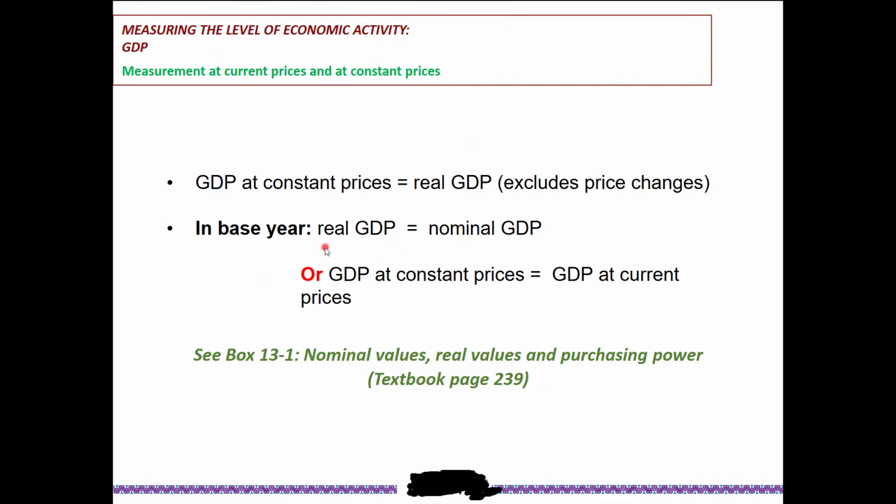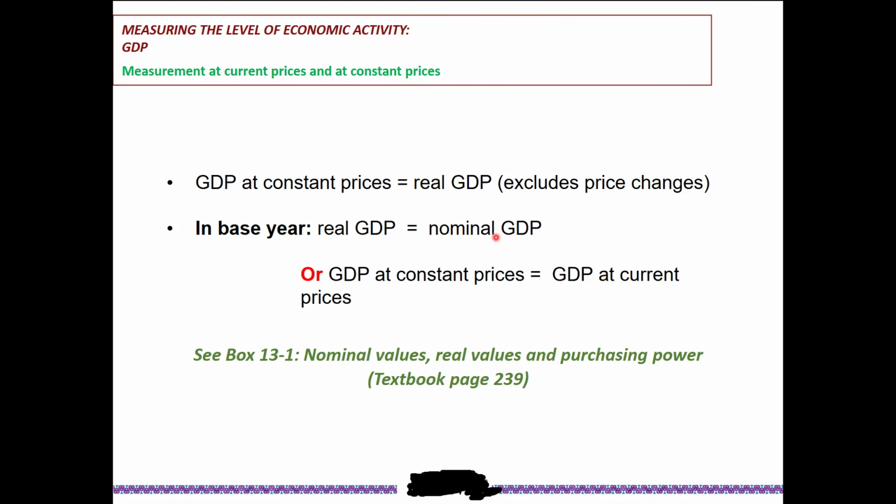If they say, let's say now we are in 2025, and they say calculate real GDP and nominal GDP for 2025 using 2025 as the base year, it means you're going to use the quantities for 2025 and the price for 2025 for real GDP. And also for nominal GDP, you're going to use the quantities for 2025 and the price for 2025.